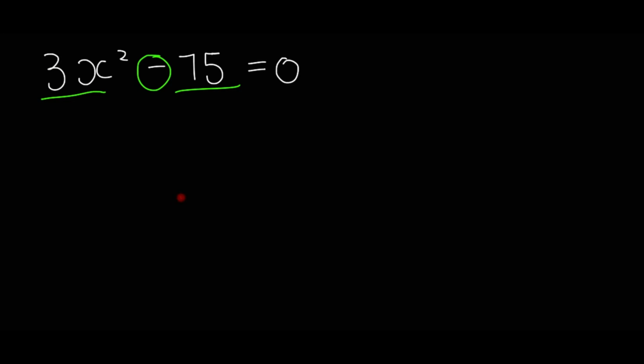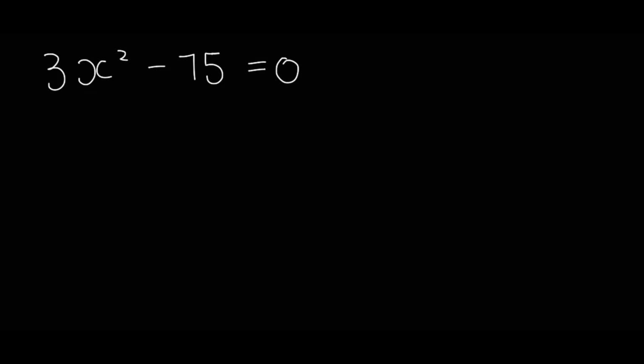And then let's say we have 3x squared minus 75 equals 0. Looking at this problem, we have two terms, and we notice that they are separated by a minus sign. So the chances are that this problem is a difference of two squares.